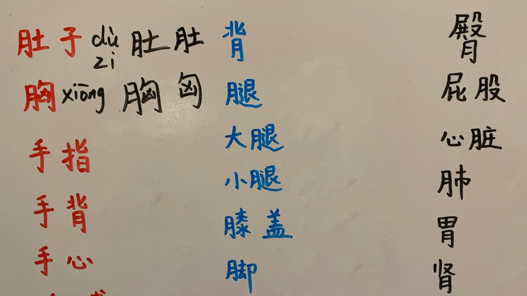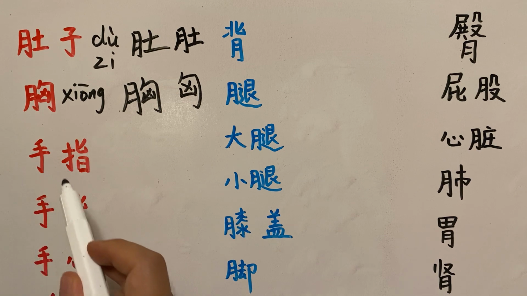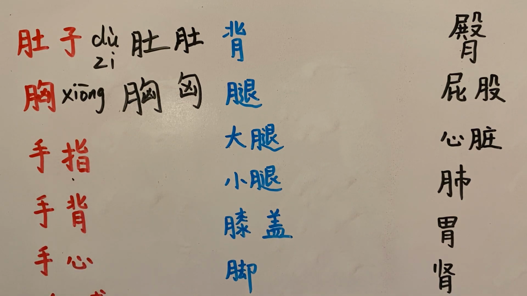The reason is that in modern Chinese we use two characters to express one meaning, mainly to complete the syllable. It's a lot different from ancient Chinese, which used one character to express one meaning. So this 指 means fingers, right?